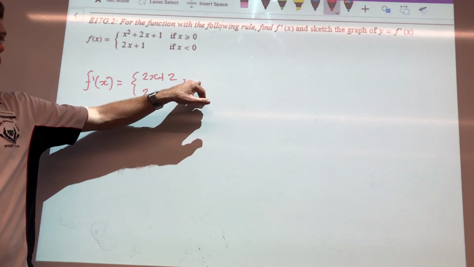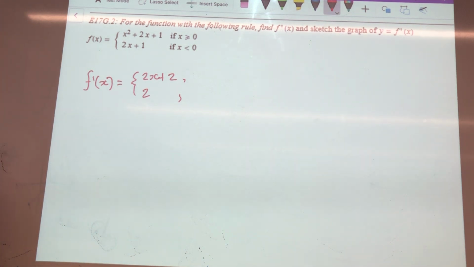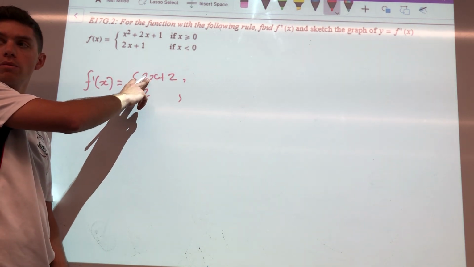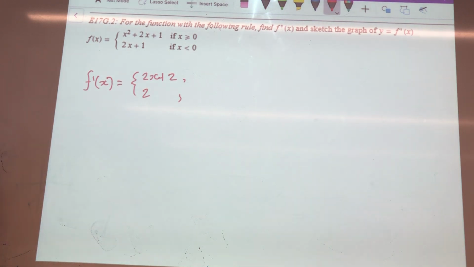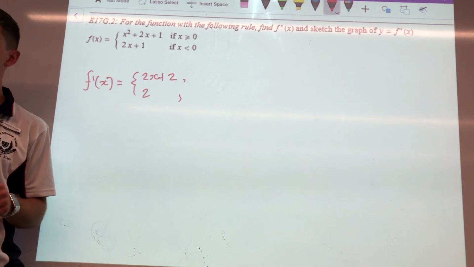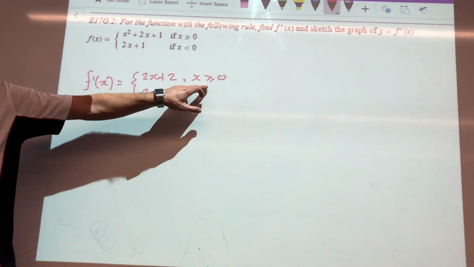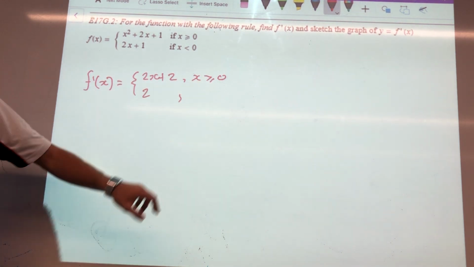Yes or no? As in, before we had to draw the graph first. Well, we've just done a very quick algebraic test, using what we know about limits, substituting the limit from the right hand side and then from the left hand side. Does it reach the same point? Yeah. Okay, it doesn't have a discontinuity, which means that x equals 0 is included this time, because there is no discontinuity.